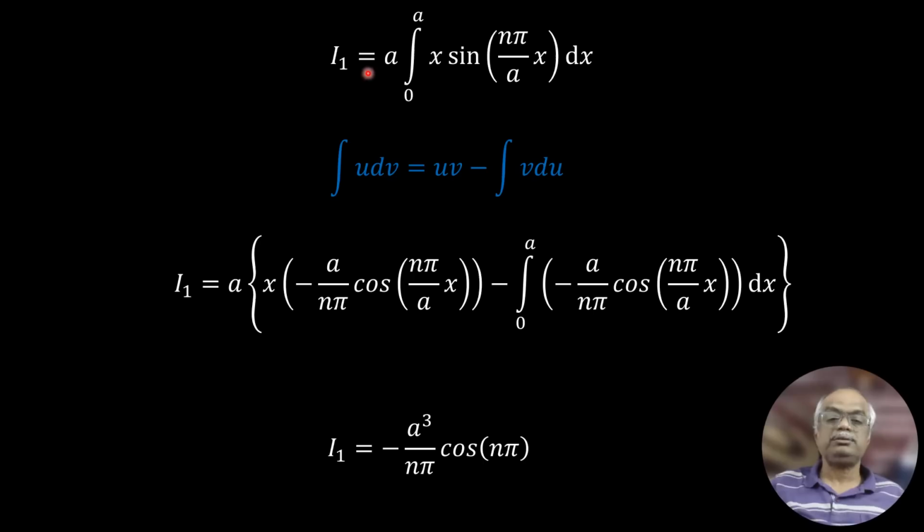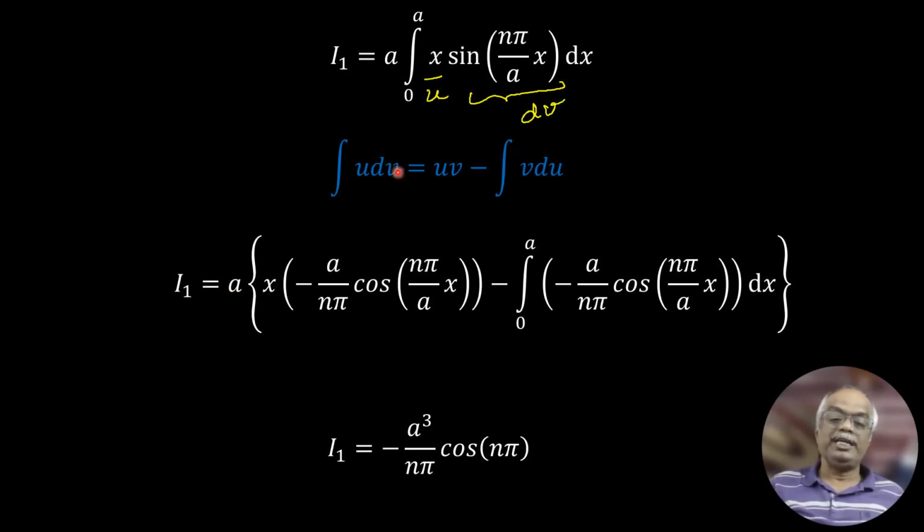Now we will do the first part of the integral using integration by parts. Let us take x as u and sin n pi by a x as dv. So the integral of u dv is equal to uv minus the integral of v du. Of course, we have to multiply this integral by a, so I am taking a outside.